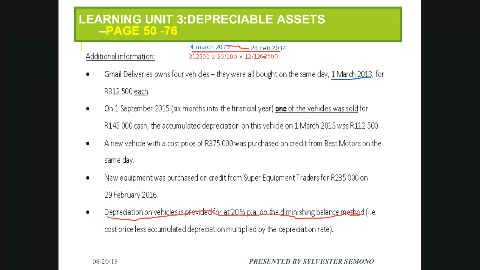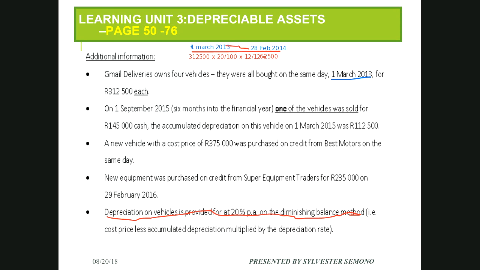So I'm depreciating the assets that I'm selling. The cost is 312,500 and the rate is 20%. Can you trace the rate? The reason I said 12 over 12 is that if I count from the 1st of March 2013 till the 28th of Feb 2014, I've got 12 months.